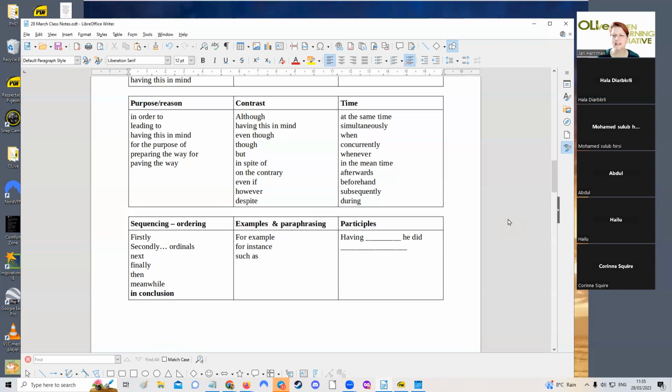Just like in task 1, you want to describe what you see, and then you want to give an overall description of it. So I want you to use in conclusion, and then use the word overall to start the next sentence, because it will remind you exactly what you need to write.